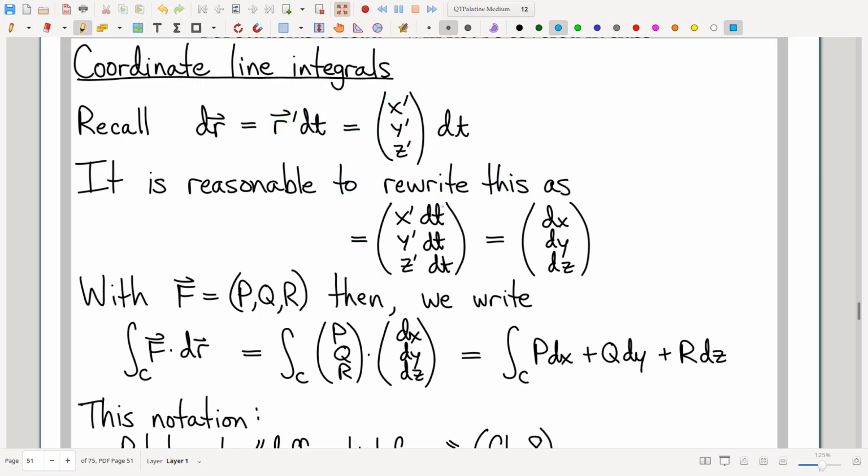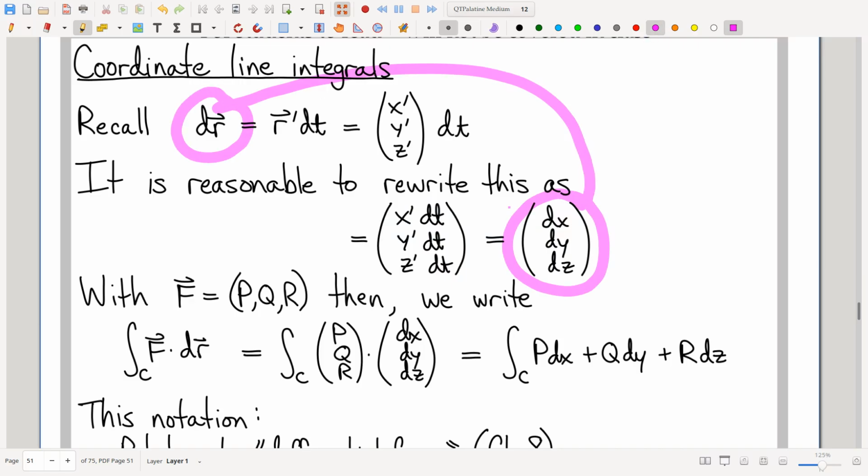Kind of makes sense that x prime dt I would rewrite as dx. Likewise dy and dz. And check it out. What we have is a coordinate representation of our vector differential dr. And so I will just take this dr and rewrite it like so. It's just notation.